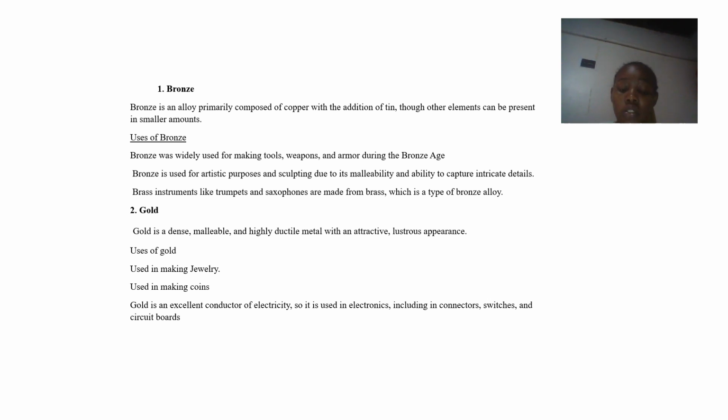Then it is also used in making coins. You can find a golden coin. Then gold is an excellent conductor of electricity, so it is used in electronics including connectors, switches and circuit boards. It is a good electric conductor.